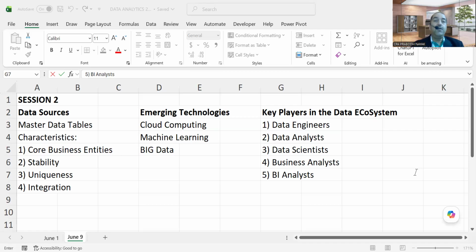Good knowledge of programming languages, sound knowledge of systems and technological architectures, frameworks, and in-depth understanding of relational and non-relational databases. This is the role of data engineer.